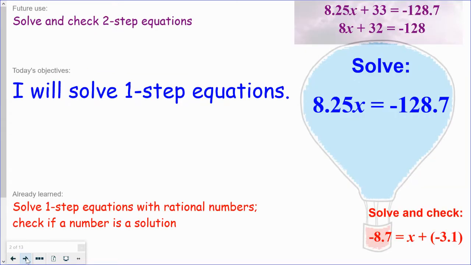Okay, so we know that we have had one-step equations with adding and subtracting with rationals. Last lesson we did our one-step with multiplication and division with integers. The reason we're doing this is because eventually we are going to have two-step equations, and they are going to involve decimals and fractions as well.